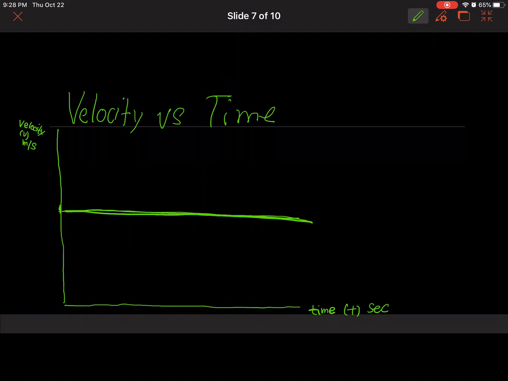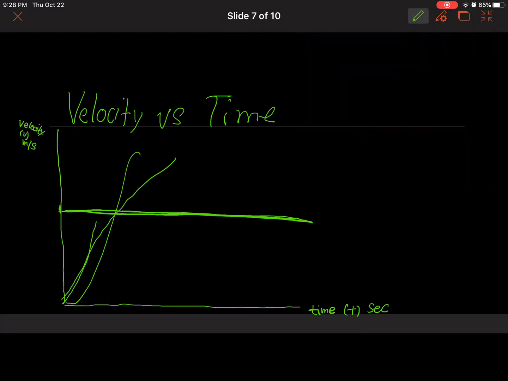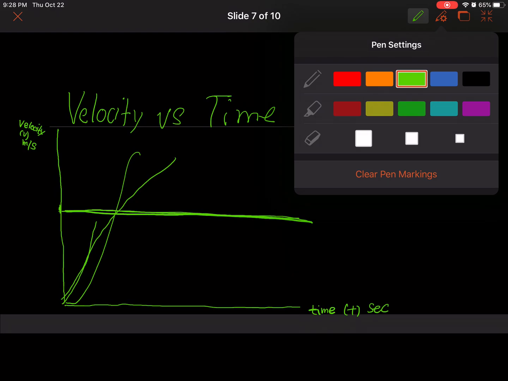Let's say the velocity was changing linearly. That means it's not going all curvy, it's changing linearly like this, meaning the slope is constant. That's just weird. Okay, let me just erase that. I cannot find the eraser.